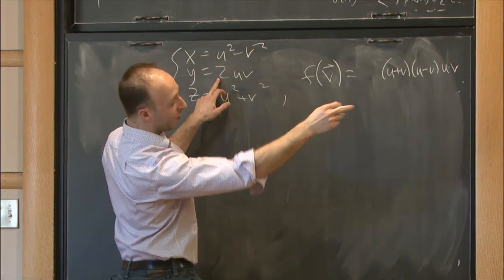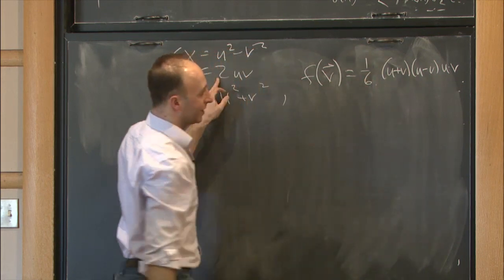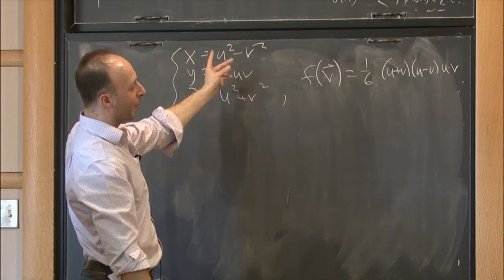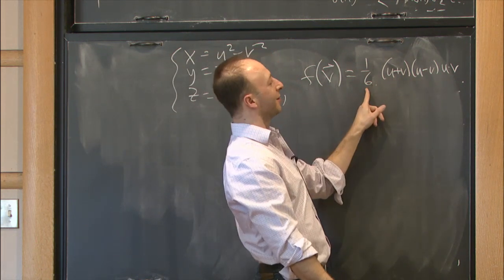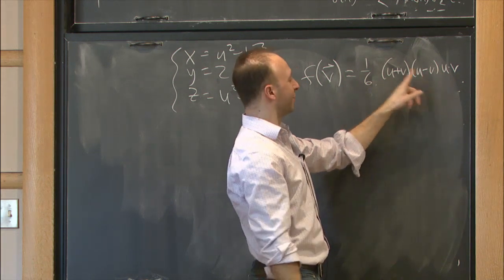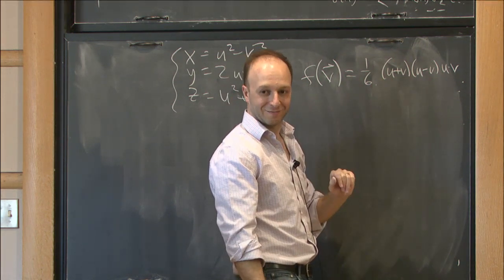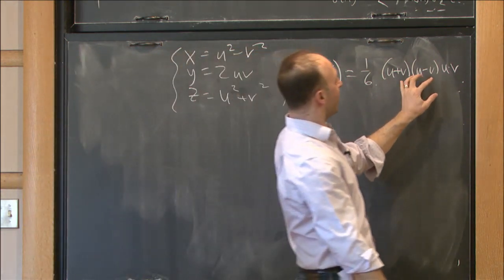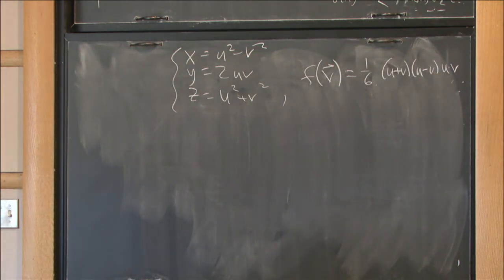There's a factor of 2 and a factor of 12, so there's a factor of 1/6. And for x, y, z to be primitive, u and v have to have opposite parity, so at least one of them is even. That kills off the 2. And u plus v and u minus v, one of them is a multiple of 3, so that explains all these local factors. Okay? So in fact, it should be a product of 4 prime factors infinitely often.